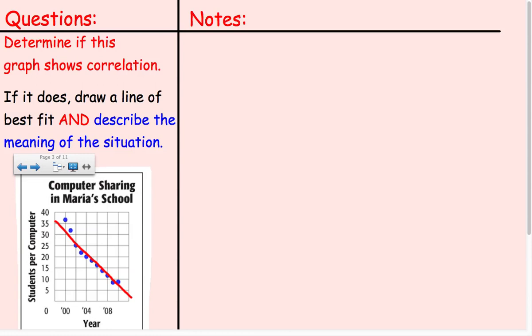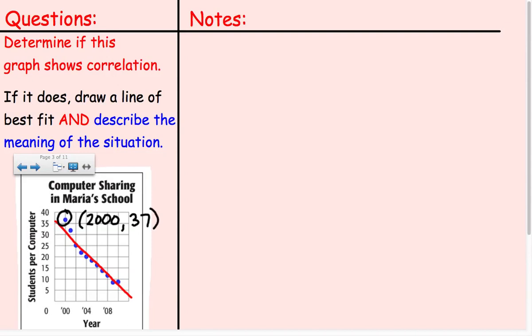The title of this graph is Computer Sharing in Maria's School. The x-axis is the year, the y-axis is the students per computer. So you'll notice that as the year goes on, 2000, 2004, 2008, the number of students having to share a computer is fewer. If you take this coordinate point, that would be about (2000, 37).